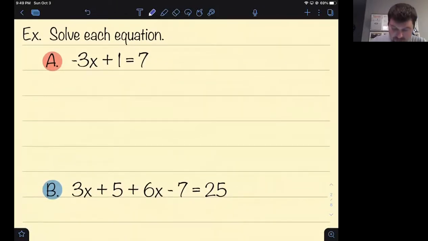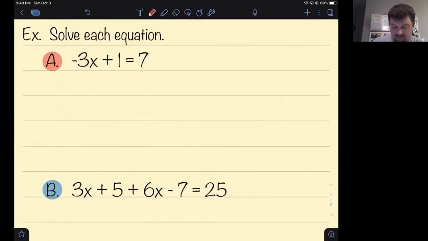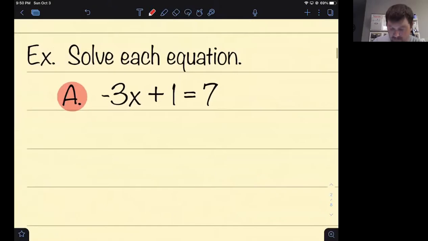All right, example A, negative 3x plus 1 equals 7, your basic 2-step equation here. I've got a variable term on one side, on the left side. I've also got a constant term on the left side, and then I've got a constant term on the right side. So I'm going to separate the variable and constant term that are on that left side by getting rid of that positive 1 and writing its opposite underneath of it, which means we're going to subtract 1 from both sides.